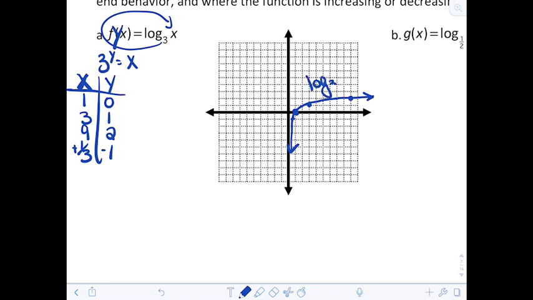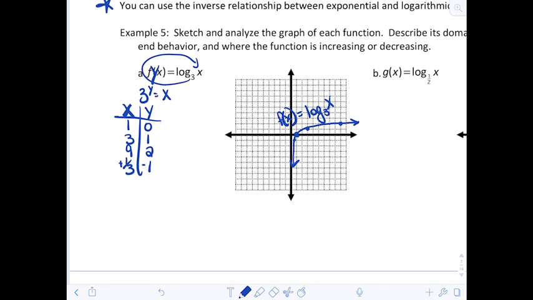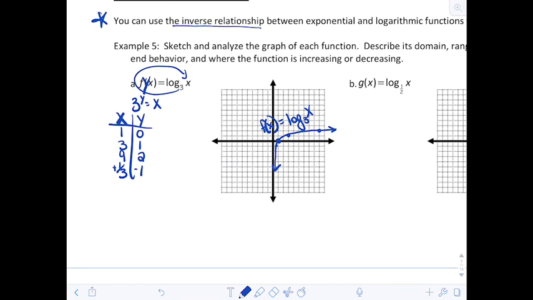So this is really the log base 3 of x, even though I wrote it as an exponential and used the exponential format to plug in values. Now, here's what they mean when they say you can use the inverse relationship between exponentials and logs.